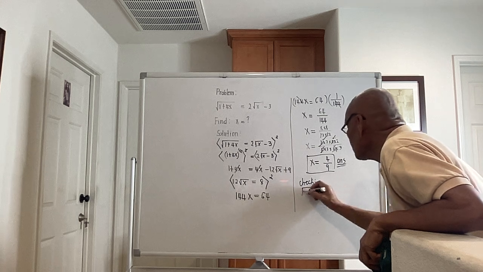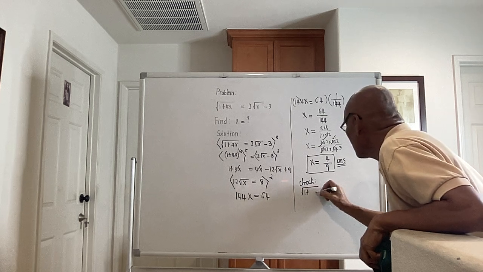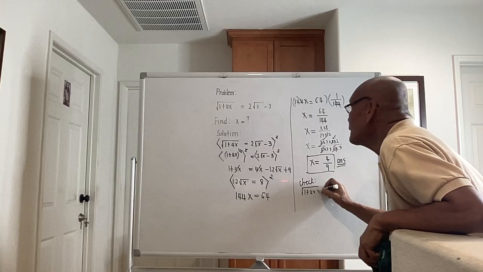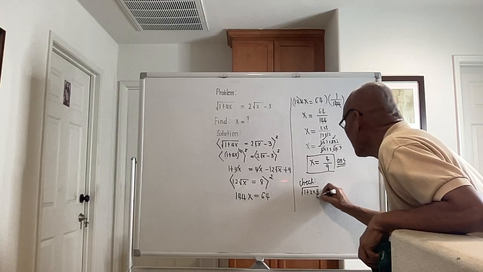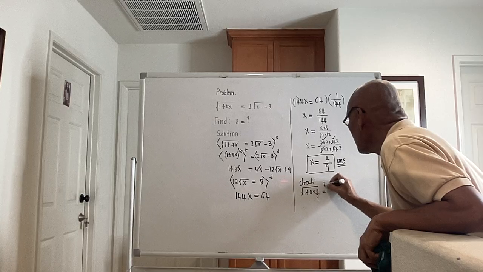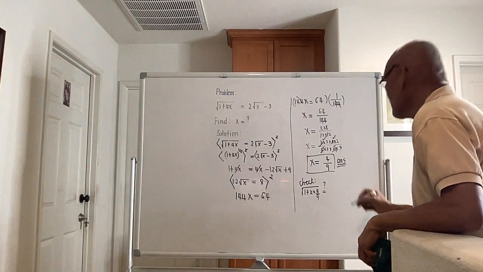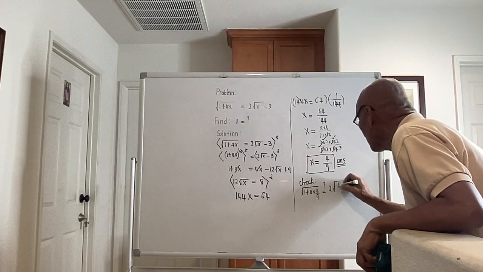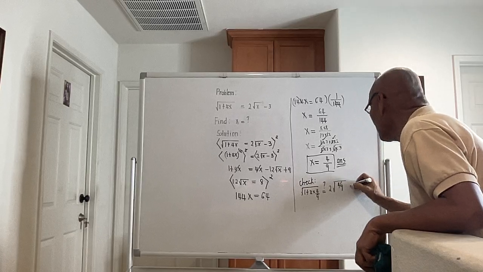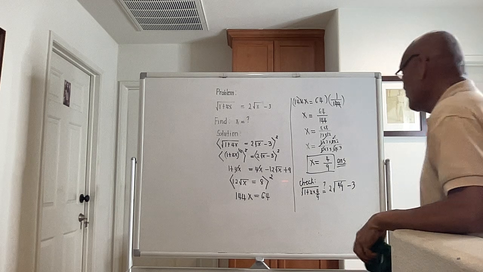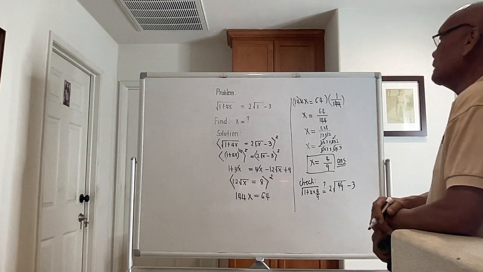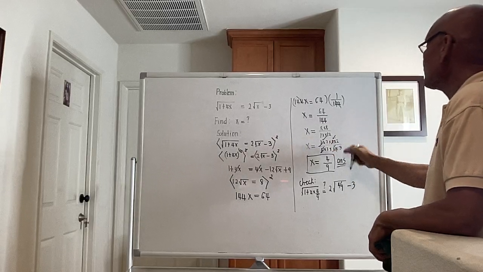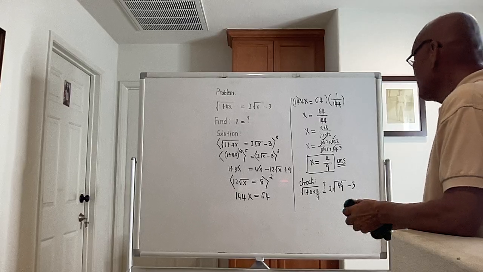The square root of 1 plus 4 times 4 over 9, and this is equal to, the right hand side will be 2 times the square root of 4 over 9 minus 3. 2 times 2, 4, 8, 4, 12. So this will be 9.